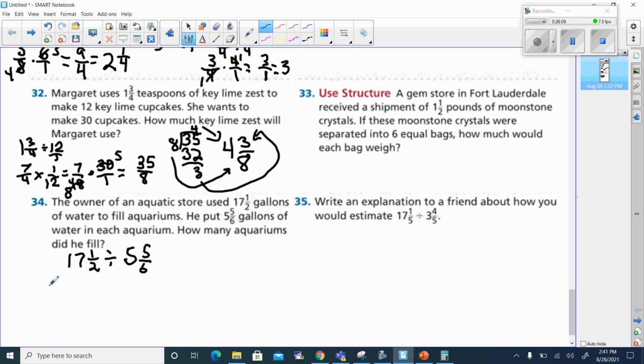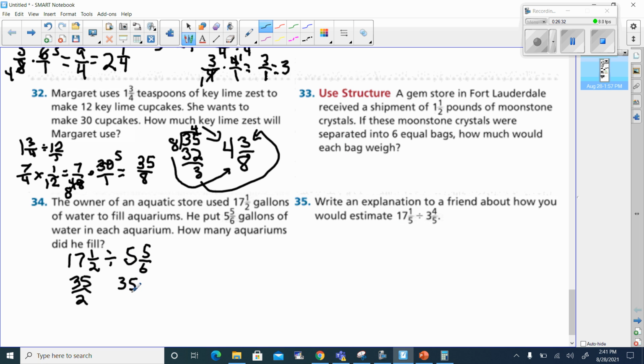All right, I got to take these mixed numbers and turn them into improper fractions. I know 17 times 2 will be 34, plus 1 will make 35, so this is really 35 over 2. And I know 6 times 5 is 30, plus 5 will make 35.